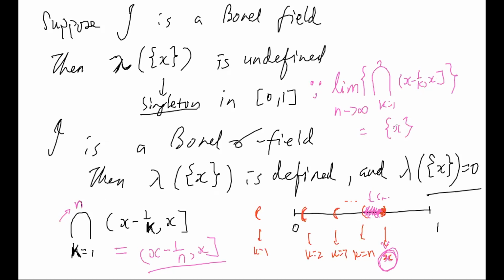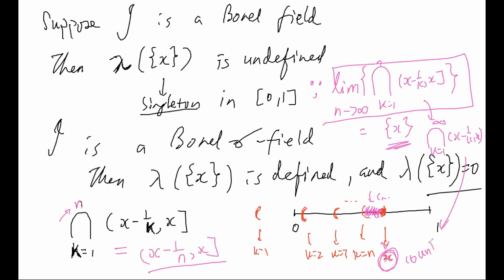So your singleton is equal to the limit of this intersection. Or sometimes we just write it like this. So this means this is a countable intersection of sets in the Borel sigma field.